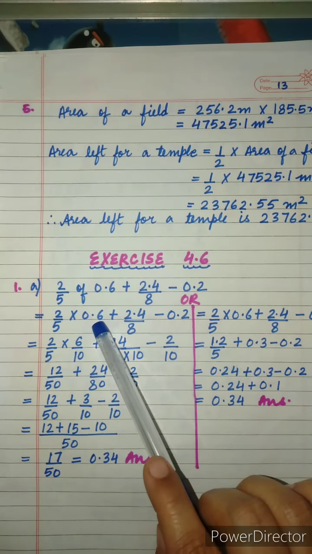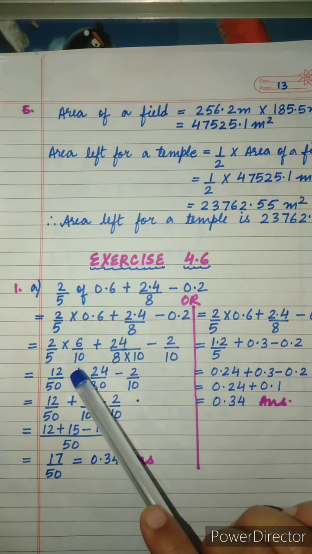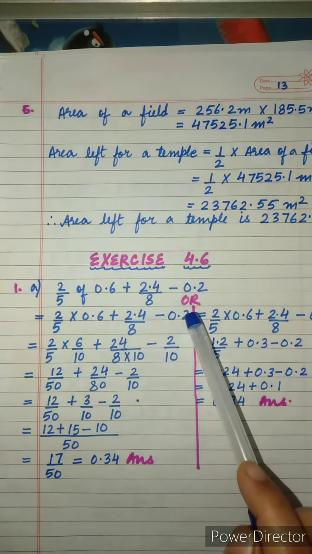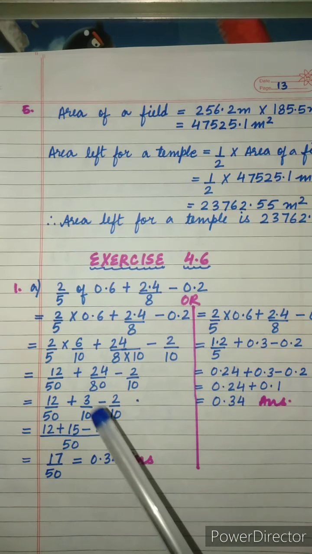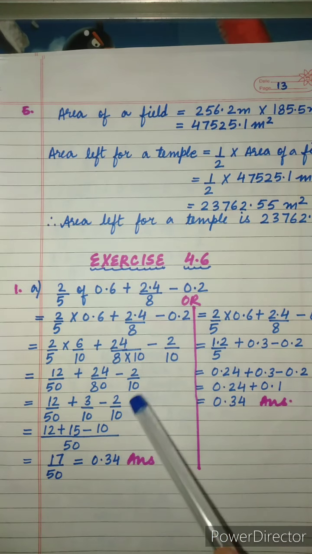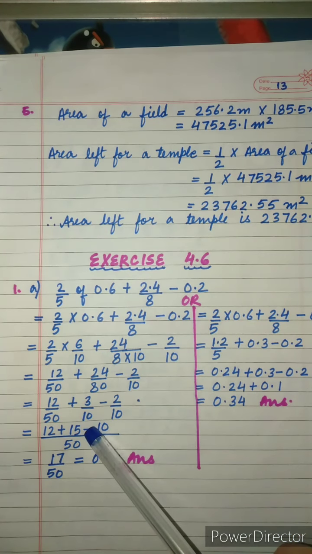In the next step we are removing the decimals. So it will be 2 upon 5 into 6 upon 10 plus 24 upon 8 into 10 minus 2 upon 10. Then we have 12 upon 50 plus 24 upon 80 minus 2 by 10. I have written 24 upon 80 as 3 by 10.